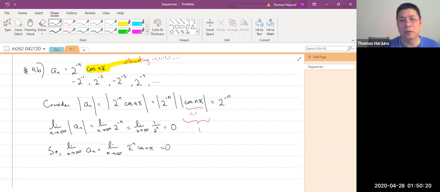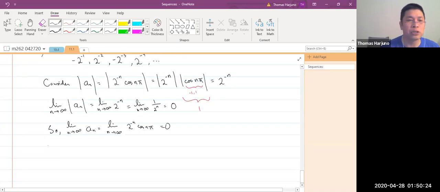Now notice that this technique of squeezing it to 0 also applies to number 48. a sub n equals sine 2n over 1 plus square root of n.